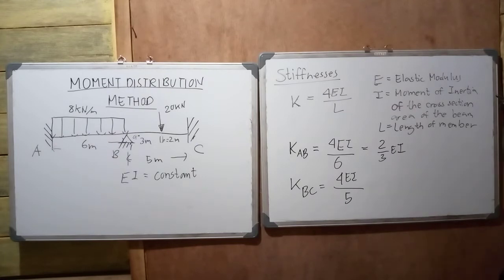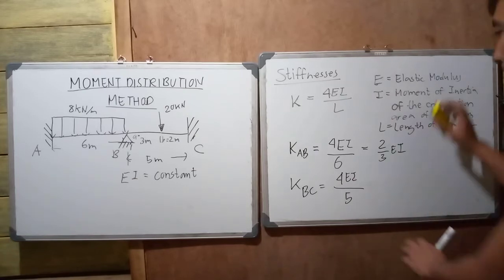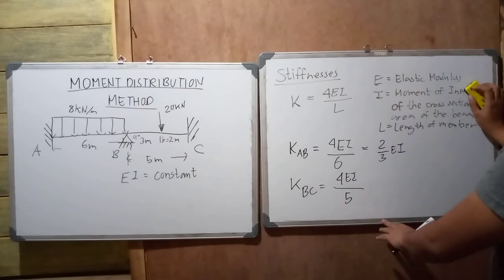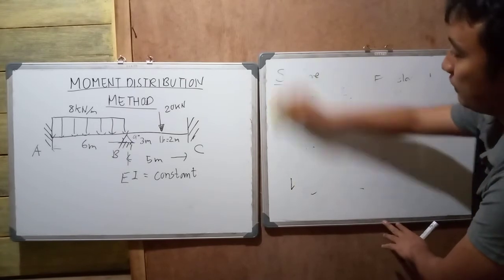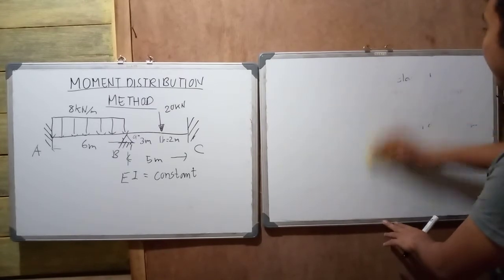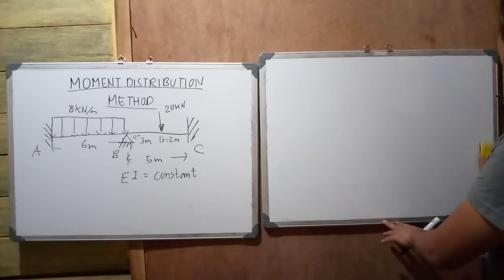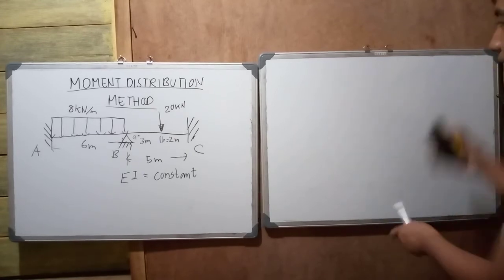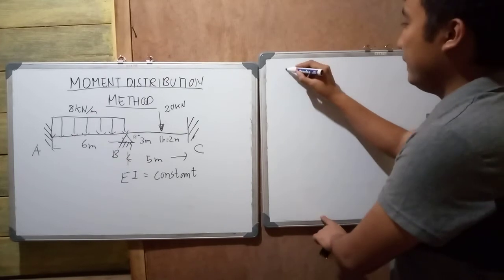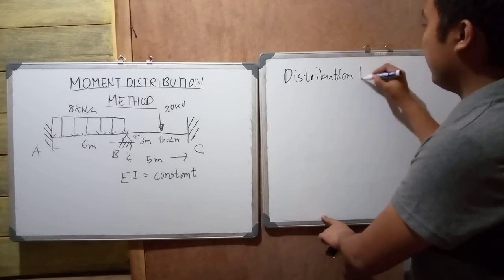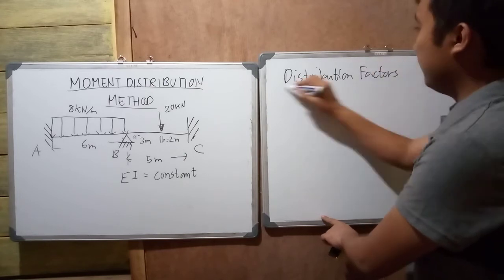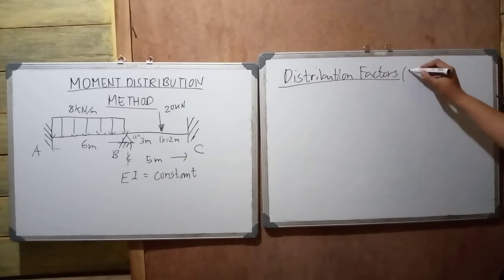The next thing we should do, the third step, is to compute the distribution factors, or DF. Let me erase this first. You can go back to what we solved earlier if you forgot.